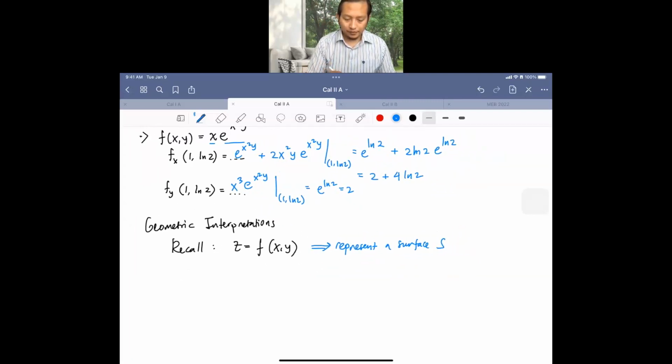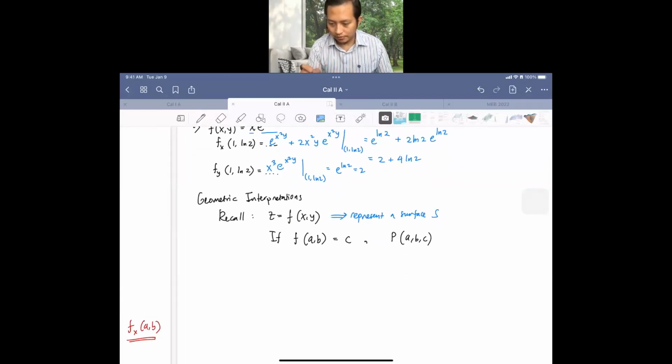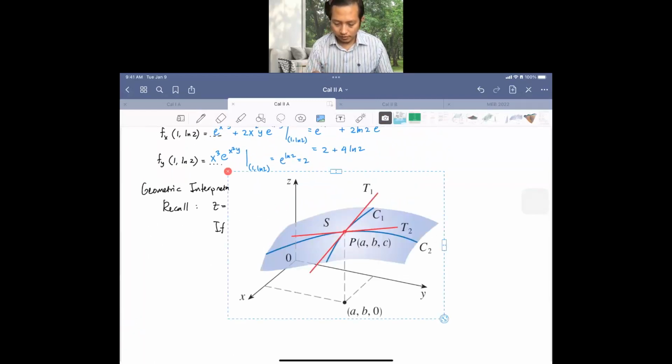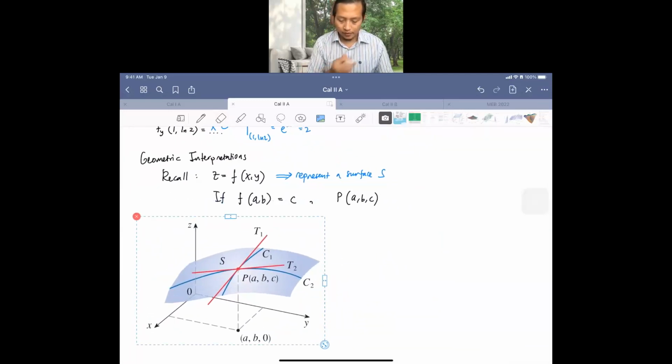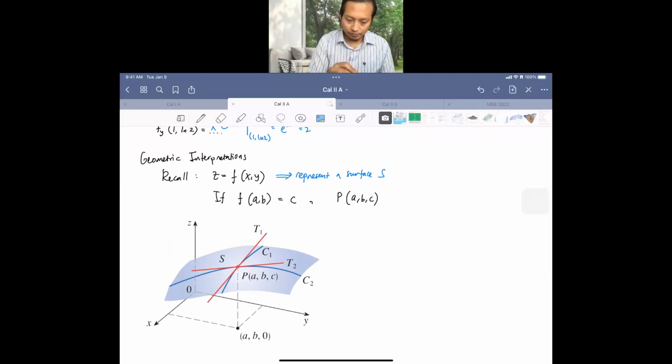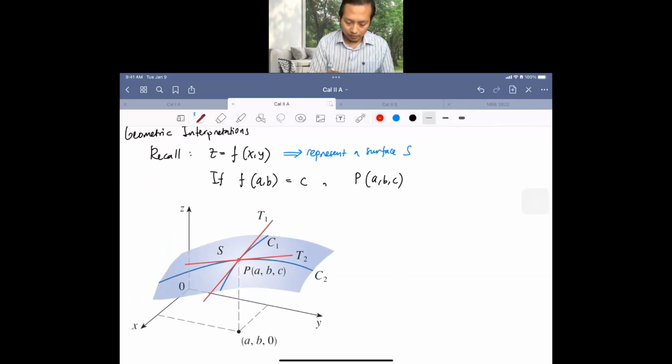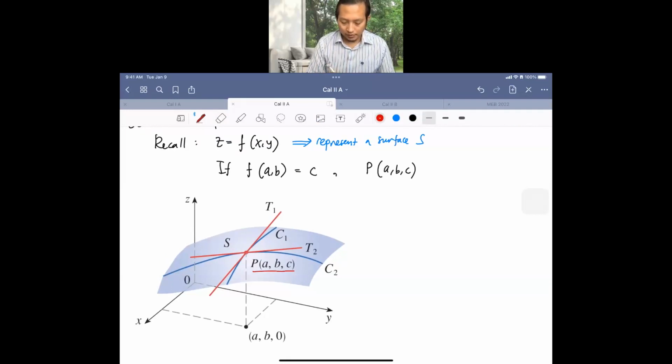And if at point AB, this is related to C, then we can pinpoint A, B, C on our surface. And if you look at our graph, this will be the curve. Okay. So we will have this point P at the surface, especially when we are having AB.